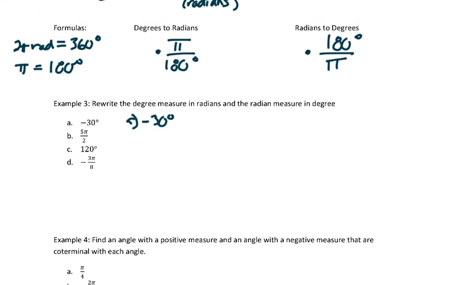From degrees to radians, we're going to multiply by pi over 180 degrees. Our degree symbols cancel out because we have one on the top and one on the bottom. So I'll get negative 30 pi over 180, which I can reduce to negative pi over 6.